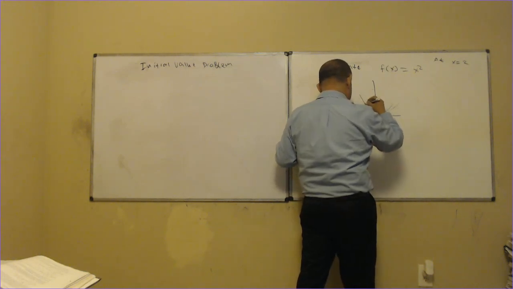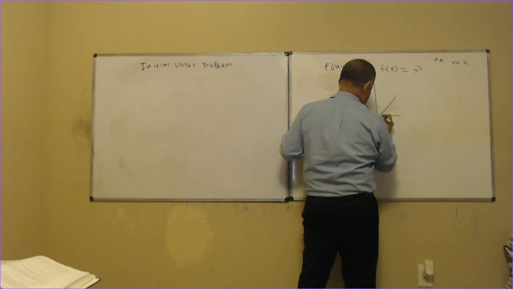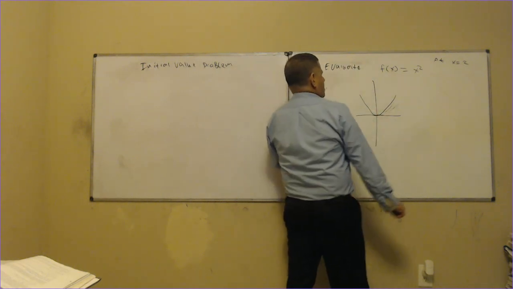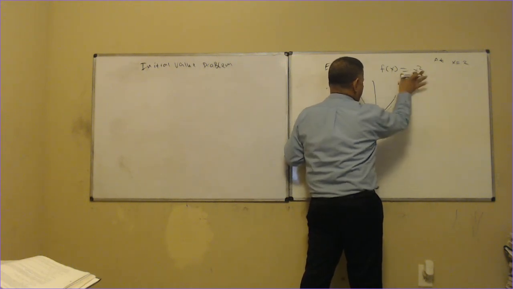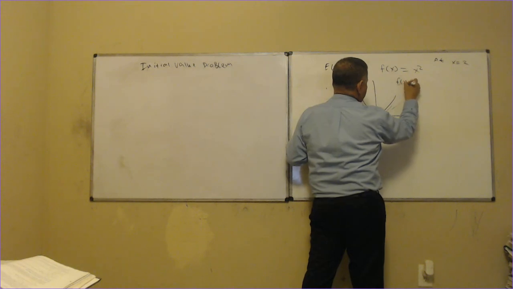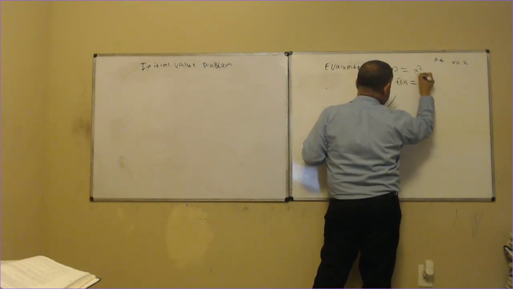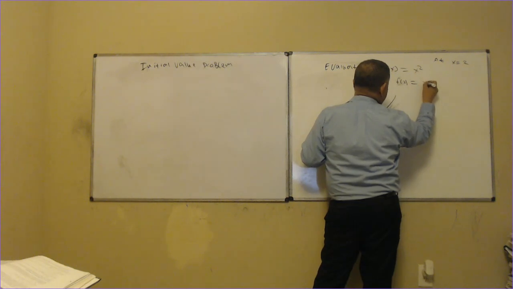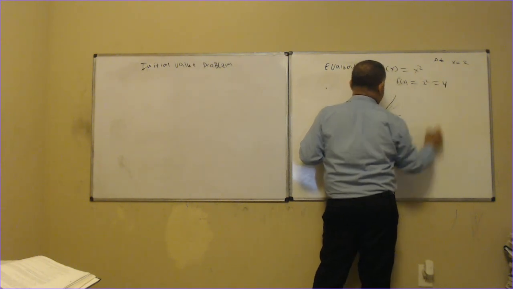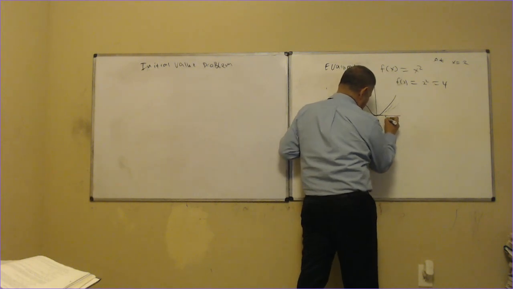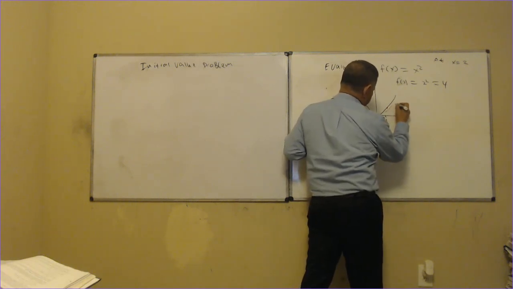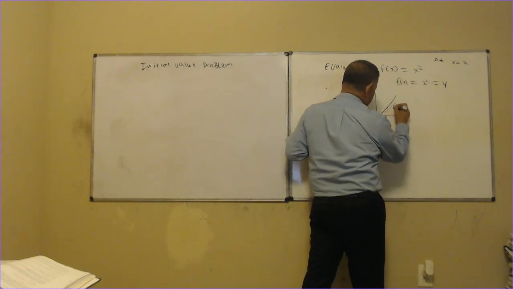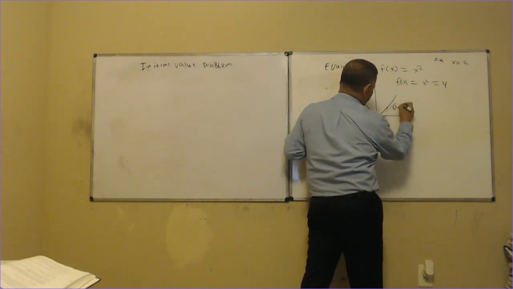So what you do is you put 2, f of 2, evaluating at that is going to be 2 squared, which is equal to 4, right? Then at x equal to 2, that point will be around about there, and the value at this point is going to be 2 comma 4.